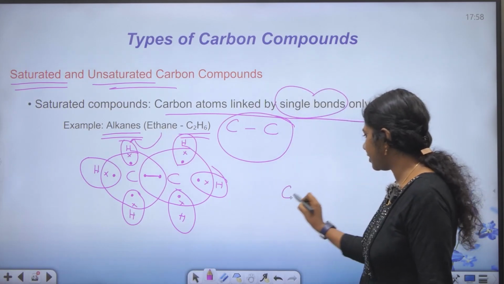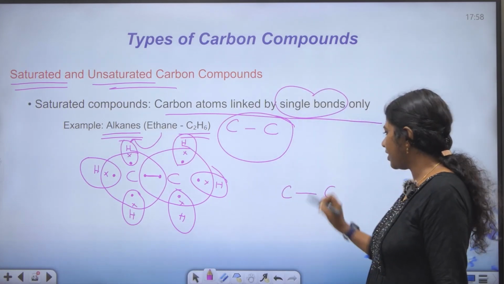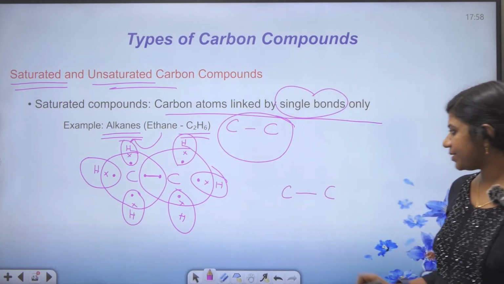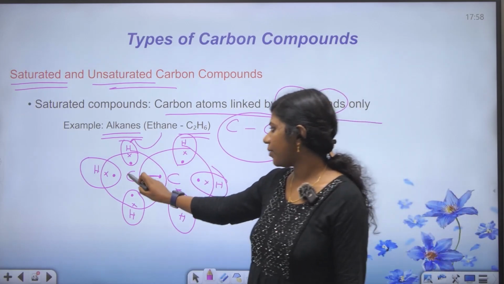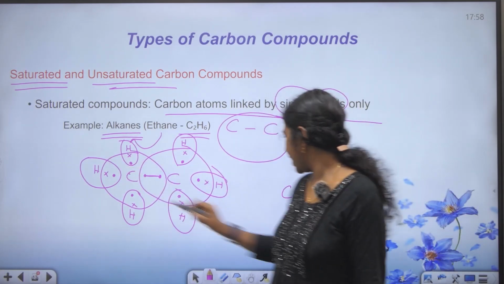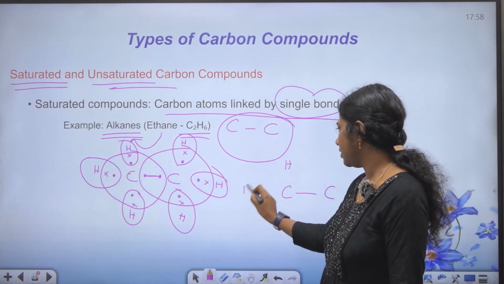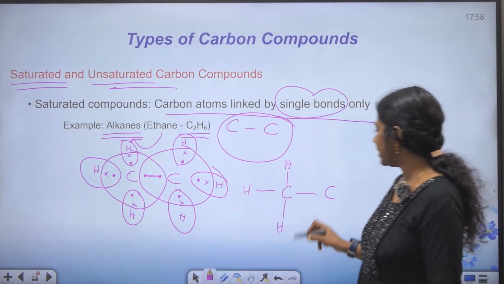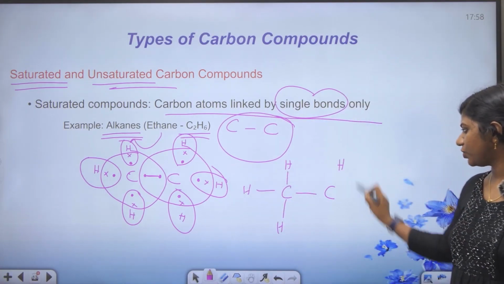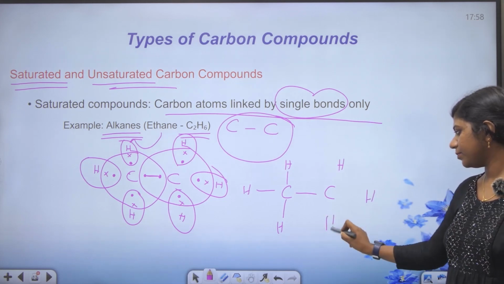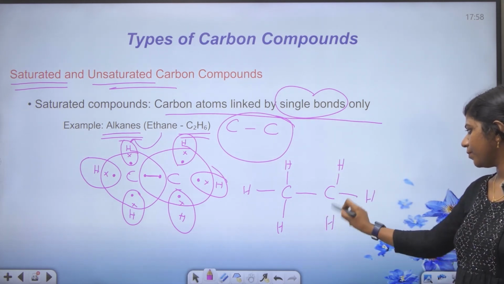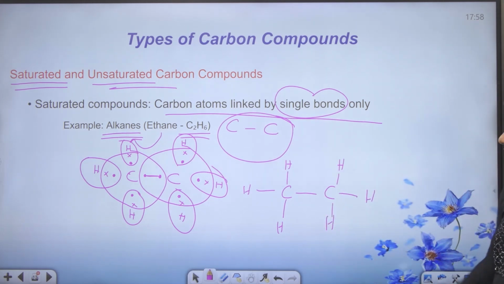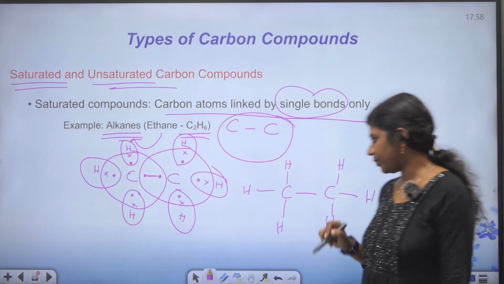In the structure of C2H6, 2 carbon atoms are present with 1 carbon-carbon single bond. The first carbon atom is connected to 3 hydrogen atoms by single bonds. The second carbon atom is also connected to 3 hydrogen atoms.